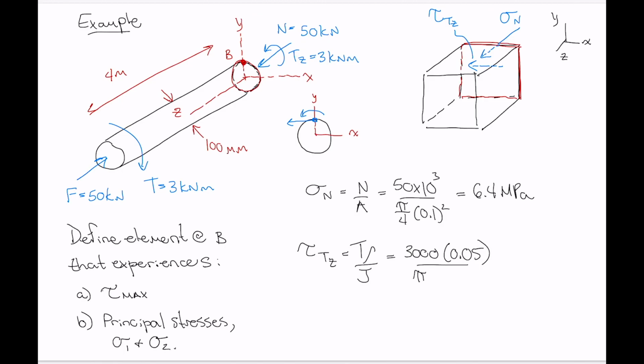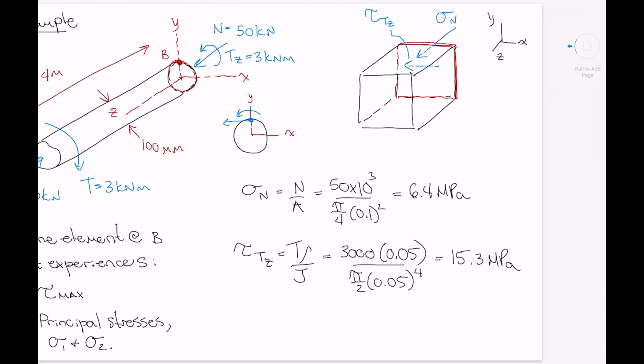And J is pi over 2 radius to the 4th power, like that. And that's going to give us 15.3 megapascals. Okay. So now we can redraw our element with those stresses appropriately labeled here.